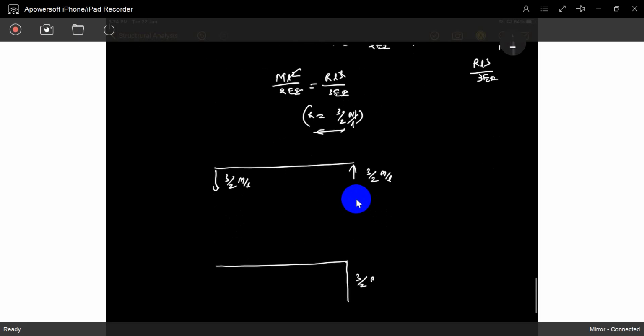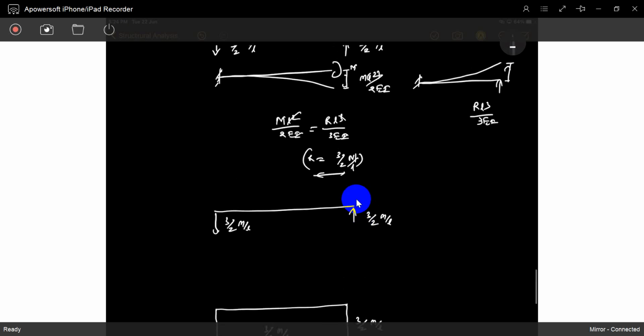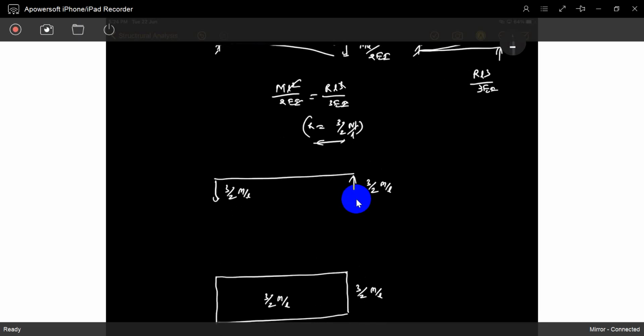This is 3 by 2 M by L, and the value on the other side is also 3 by 2 M by L. There is no change at all, because throughout the structure there are no other concentrated loads or distributed loads. So it stays 3 by 2 M by L.